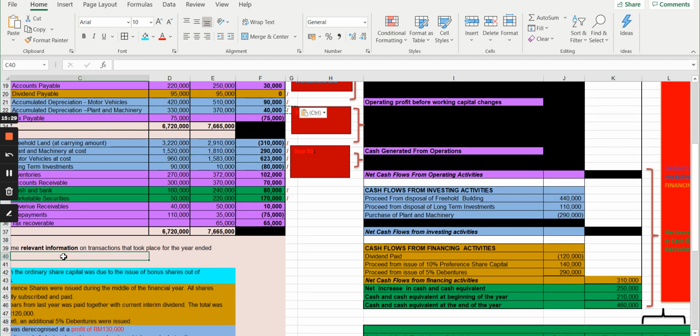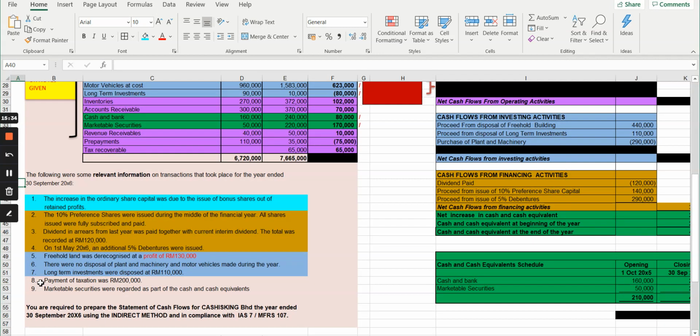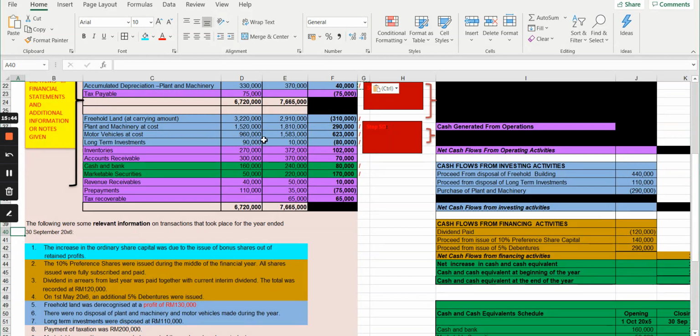So go and check the information, always check information that is given in case there are things that could help. So there is none here, nothing. So we can make a conclusion or an assumption, which is safe enough, that the motor vehicle was purchased during the year for 623,000, because there is no other information unless you have data that the company may have given you that confirms it.